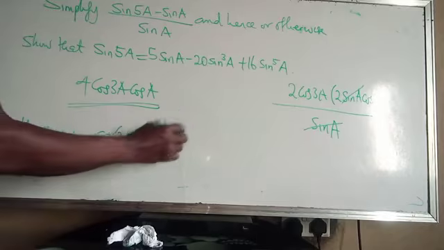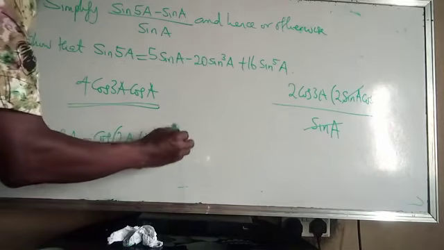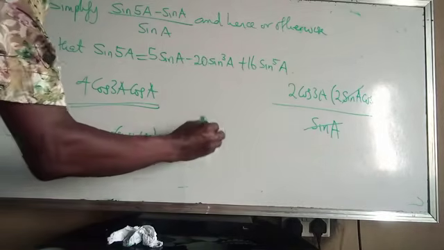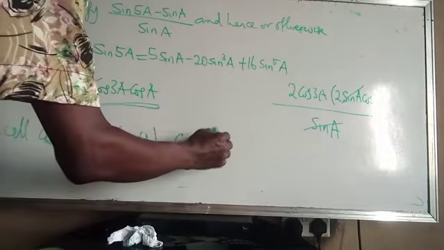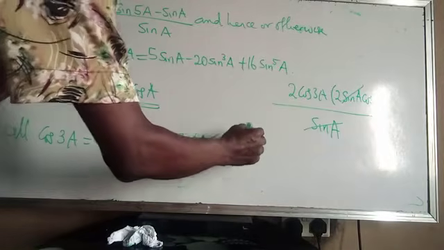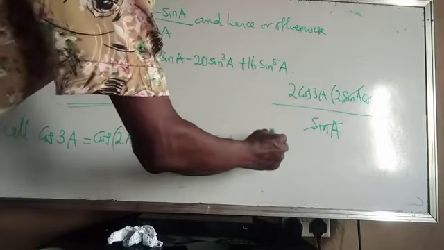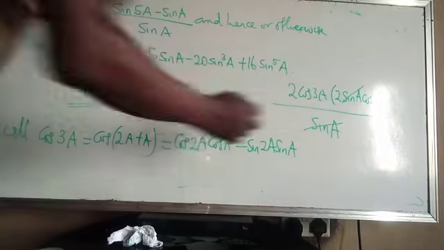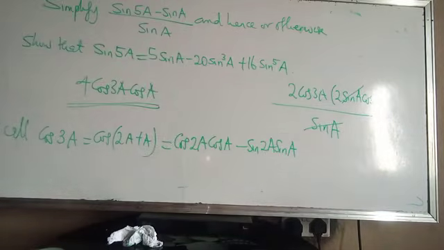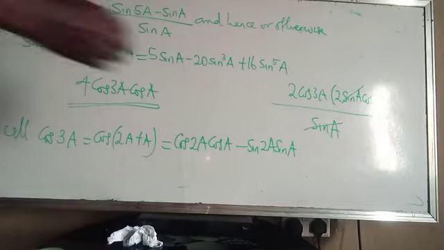By the time you open it up, you have cos 2a cos a minus sine 2a sine a. Hope you can remember that very well in our addition formula and multiple angle.